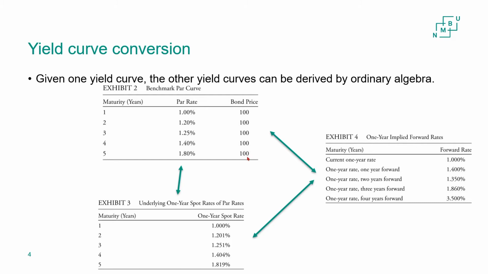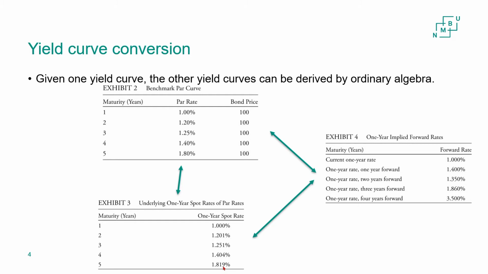Okay? And the spot rates are quite useful to discount or to get the present value or the price of future cash flows. So for example, if you have a cash flow coming in 5 years, then you can easily find the present value of this cash flow, the price of the cash flow, by using this 1.819% discount rate.